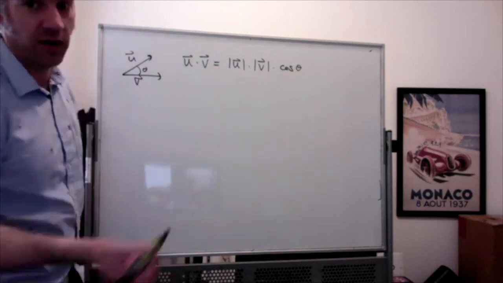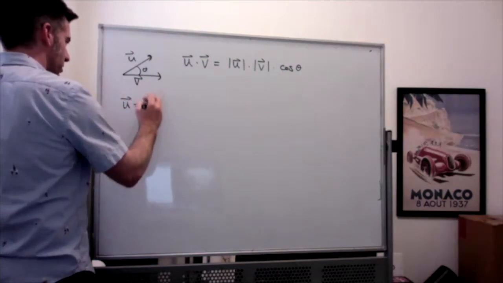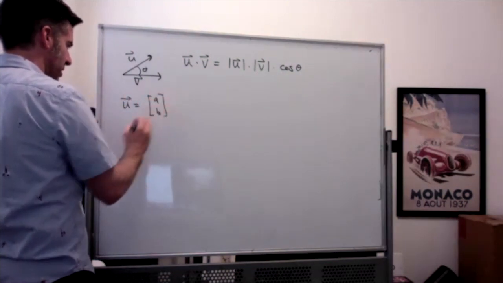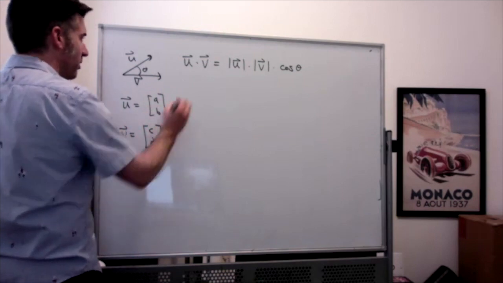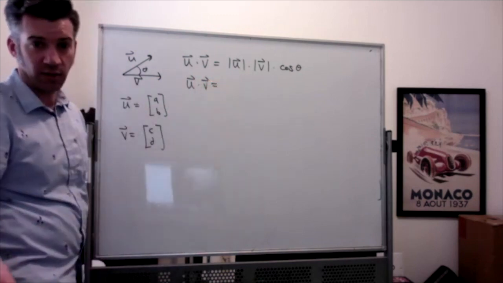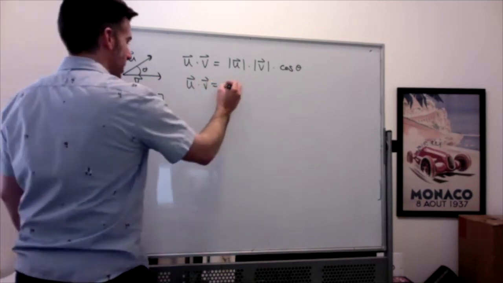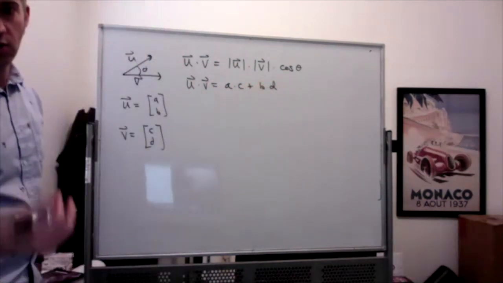Also, if we say that u is the vector, I like to write my vectors like this, (A, B), and v is the vector, say, (C, D), another way of calculating u dot v is by multiplying the components together and adding the results. That would be A times C plus B times D. Great.